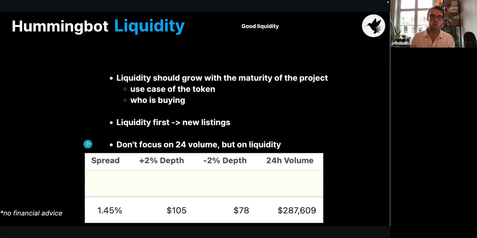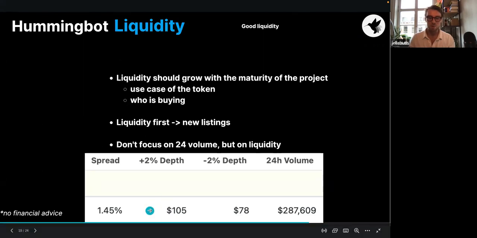Last one: don't focus on 24-hour volume too much, but focus on liquidity, because if you have proper liquidity, 24-hour volume will follow. It's not the other way around, where good 24-hour volume suddenly gives you liquidity.